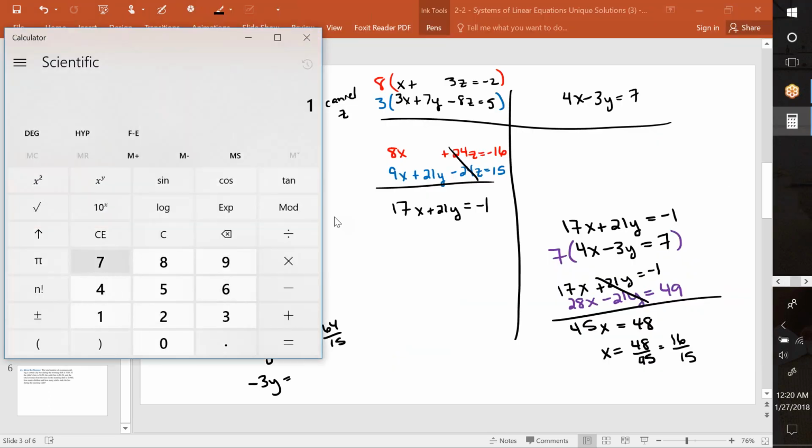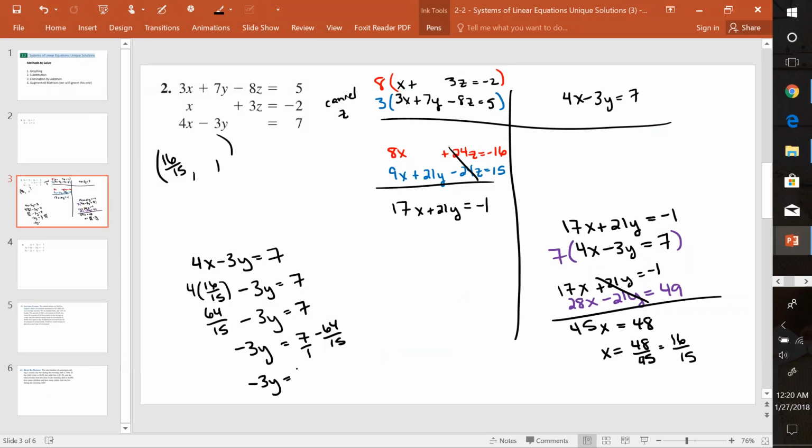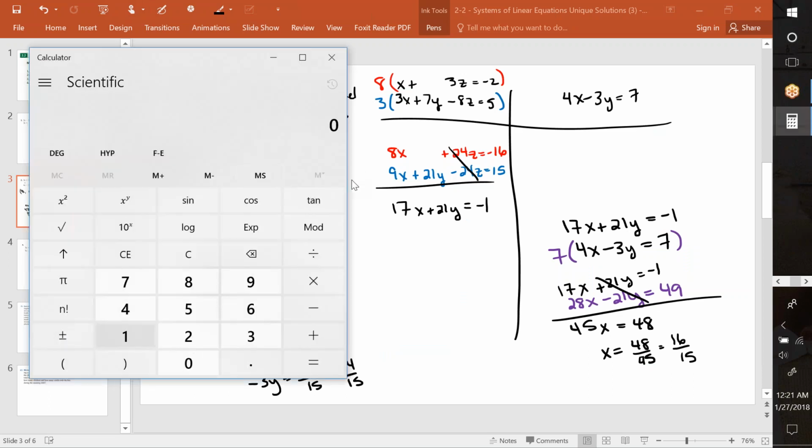So 7 times 15 is 105, so this is going to be 105 over 15 if we get the common denominator. And 105 minus 64 is 41.